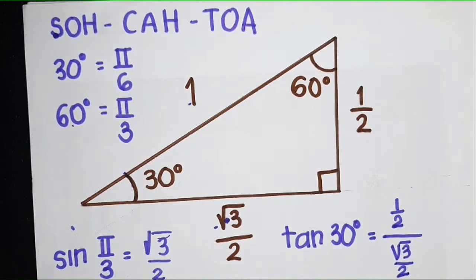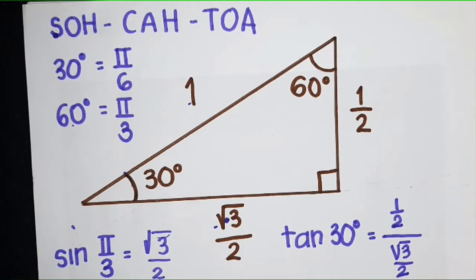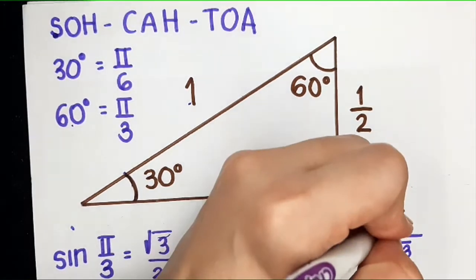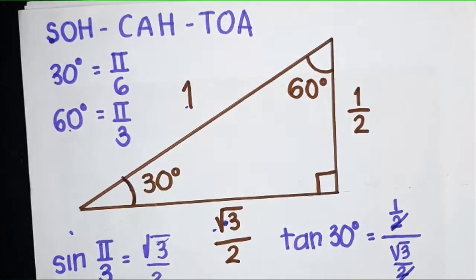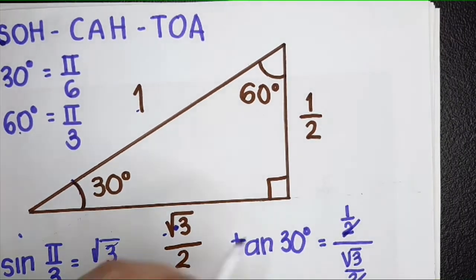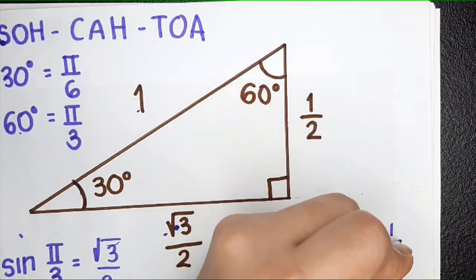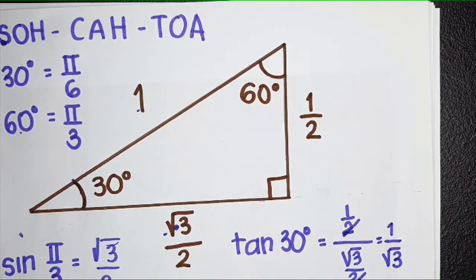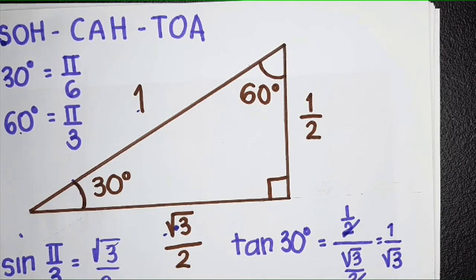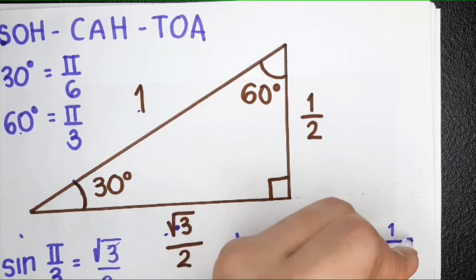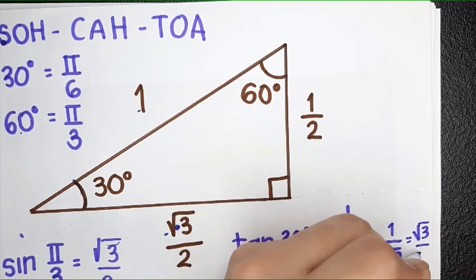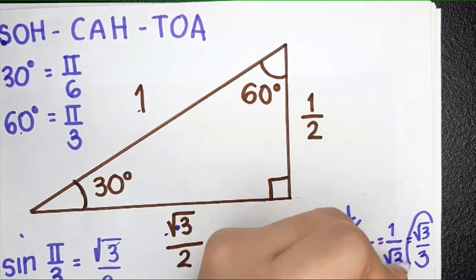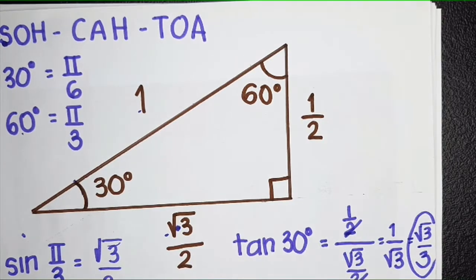Okay? And then, if you simplify, you can cancel 2 here. And then, you will have 1 over square root of 3. If you rationalize, multiply the numerator and the denominator by square root of 3. And then, you will get square root of 3 over 3. This is the value of tangent 30 degrees.